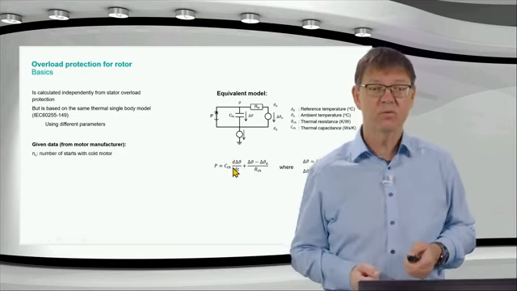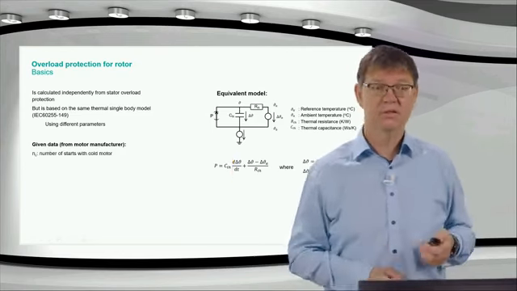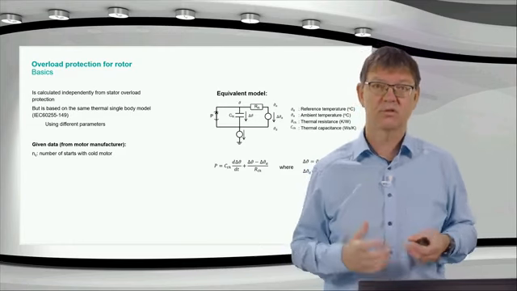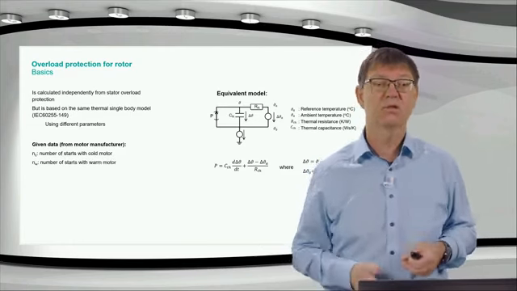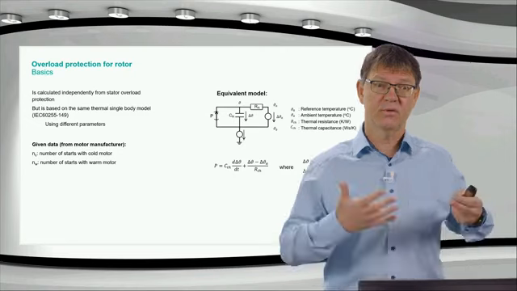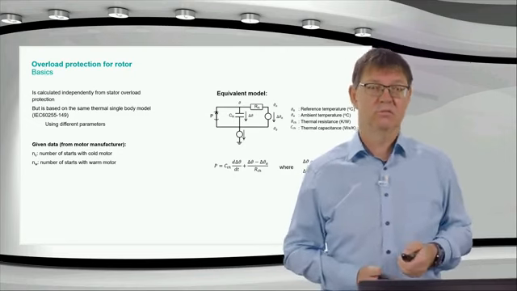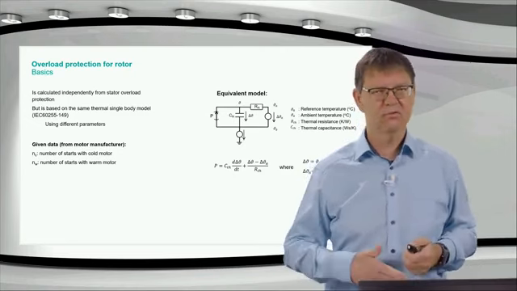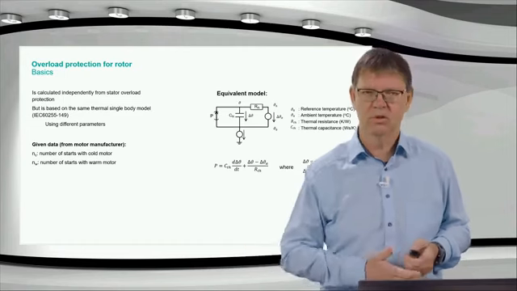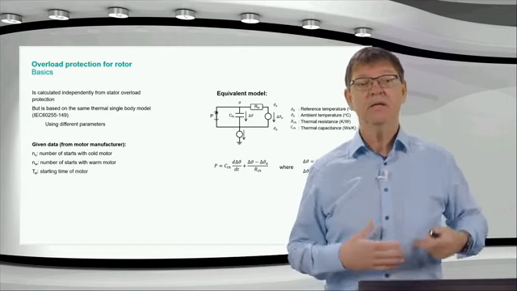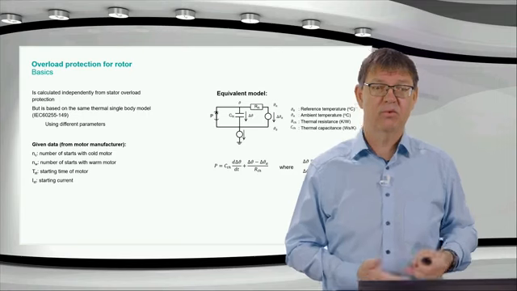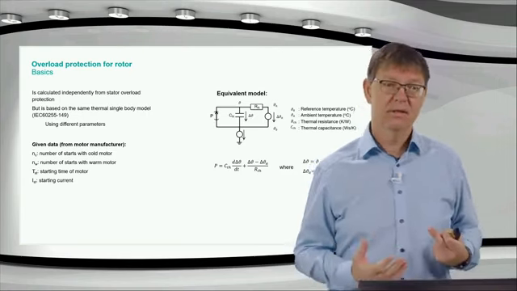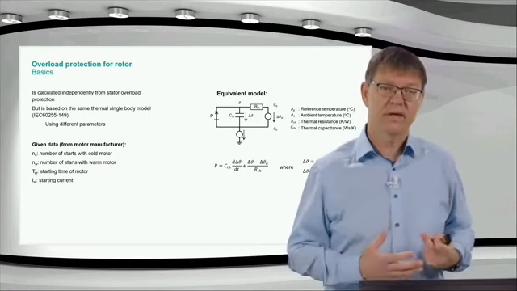The data we have from the motor manufacturer for the rotor is the number of cold starts, or starts from the cold motor situation, the number of starts from the warm motor situation, so the motor is running for a longer time under nominal conditions, and then the starting time of the motor and the starting current. And all those four belong together.